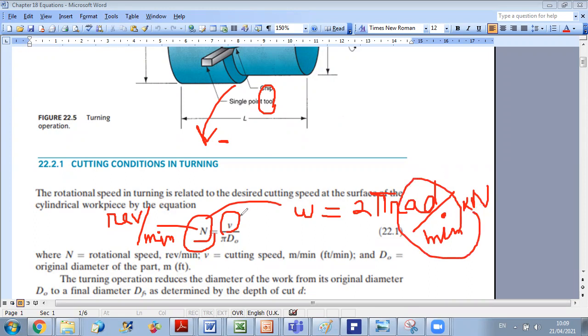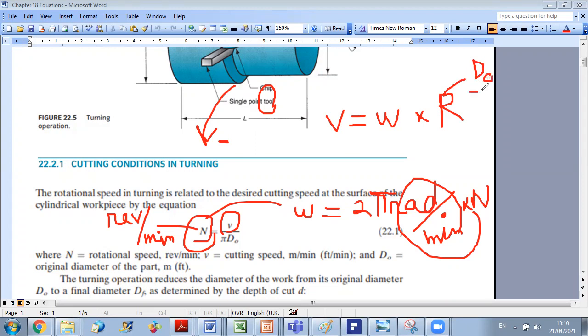Now we know that the velocity v is equal to omega times r. v is the linear velocity at the periphery. To get v, we multiply the angular velocity by the corresponding radius of the work part. Let's say we know the diameter, then r is d0 over 2.